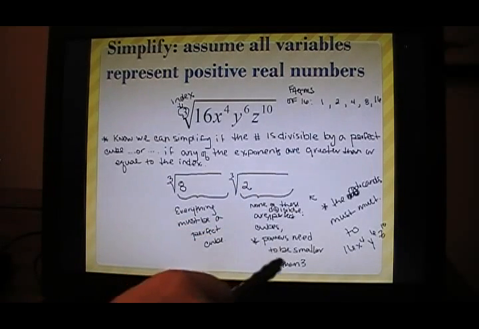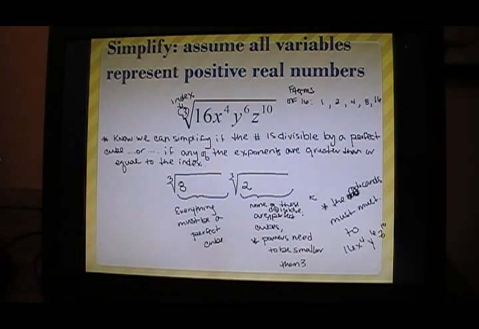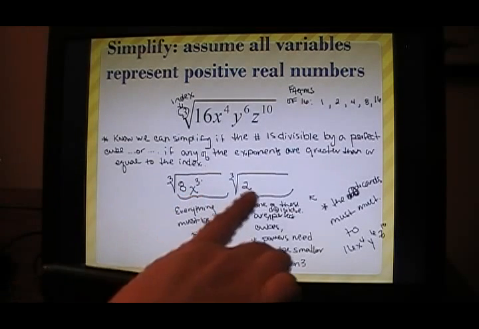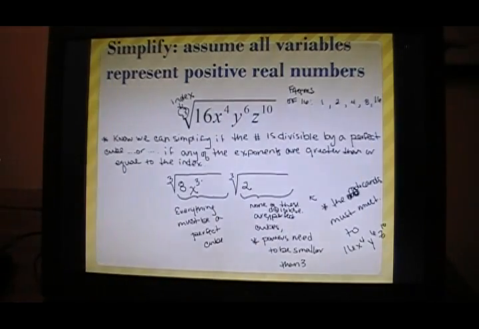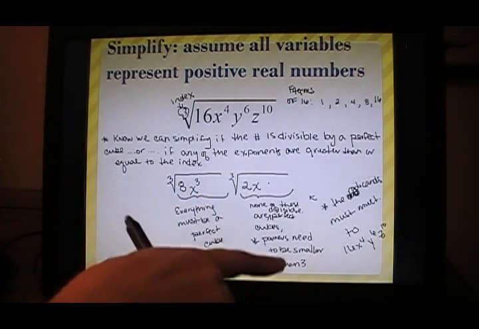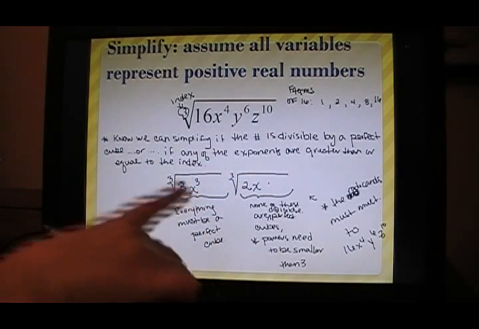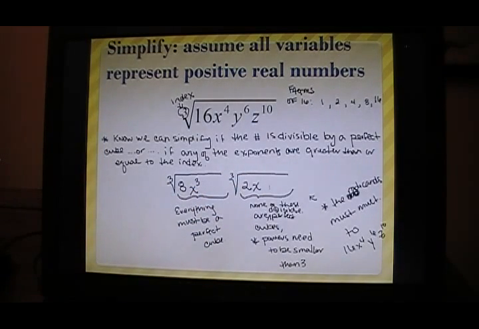So the power has to be smaller than 3 for that to be the case. So the largest perfect cube factor of x to the 4th is x to the 3rd. And I would multiply this by this to get x to the 4th. So that would be 1x there. Okay? Power is smaller than 3, and that's a perfect cube. So we're good to go there.